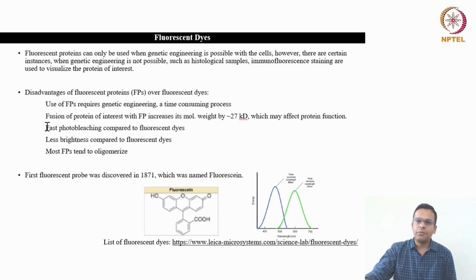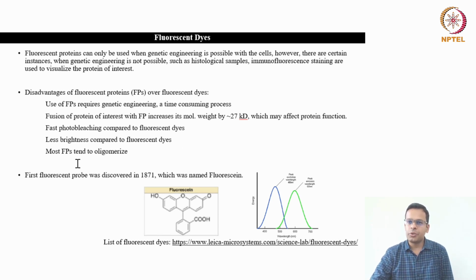Also, fluorescent proteins photobleach faster compared to fluorescent dyes, so fluorescent dyes are more photostable. Fluorescent dyes are also brighter. Fluorescent proteins can give weak fluorescence, but if you use fluorescent dyes, you can see bright fluorescence.